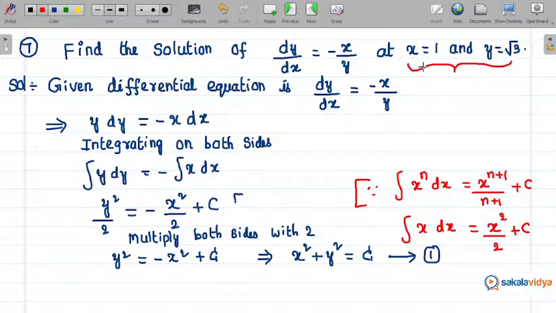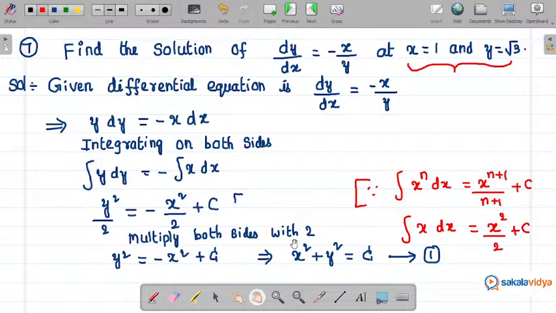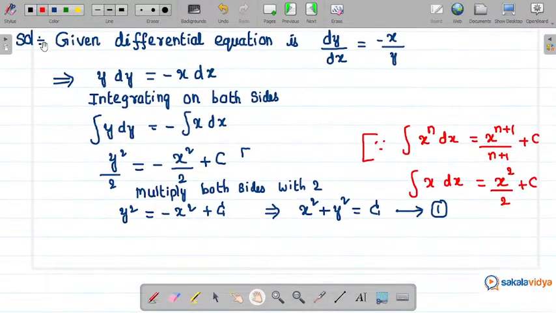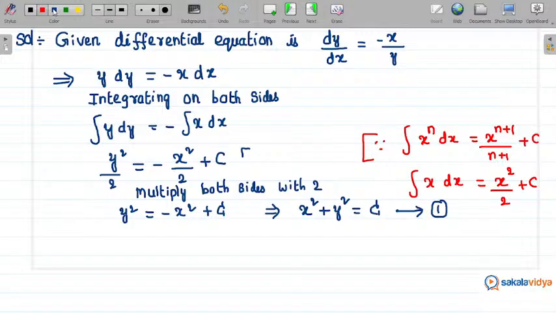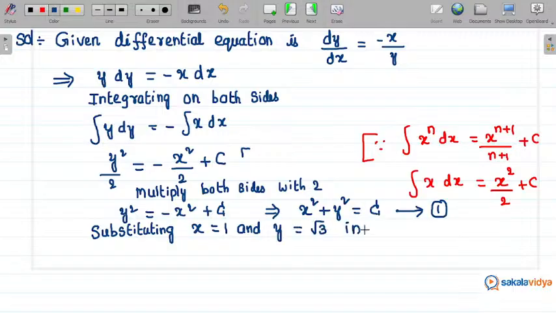So, substituting x is equal to 1 and y is equal to root 3 in equation 1, we get the particular solution. This is a very important problem. So, now write down, substituting x is equal to 1 and y is equal to root 3 in the above equation, equation 1.